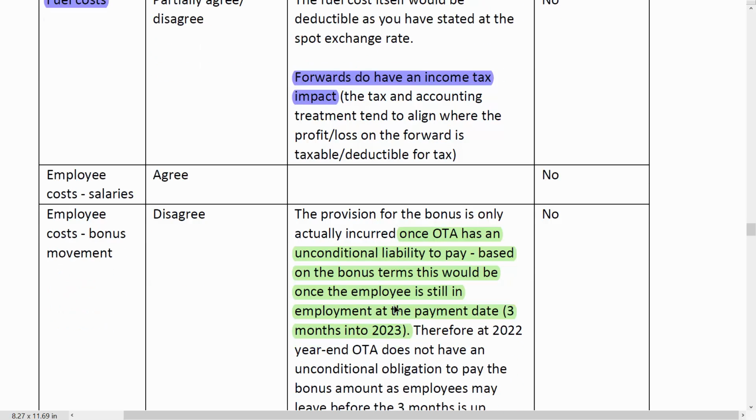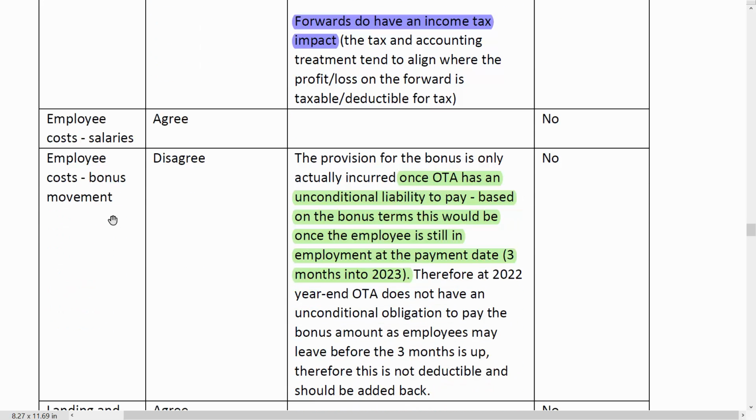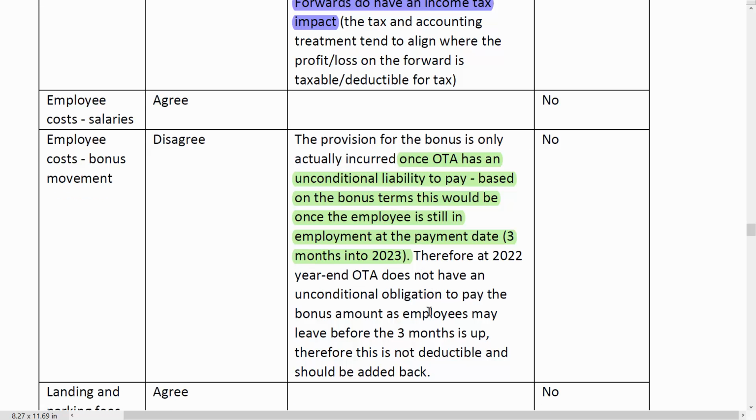Let's continue. On the employee costs relating to the bonus, the candidate here picks up the error. The bonus movement has been deductible, but correctly identifies that the bonus would only be allowed to be deductible if it has been actually incurred, and in being actually incurred would require that there would be an unconditional liability to make that particular payment, and recognizes that there is no unconditional liability at the end of the year, because the condition requires the employee to be in the employ 3 months after the end of the 2022 year end.